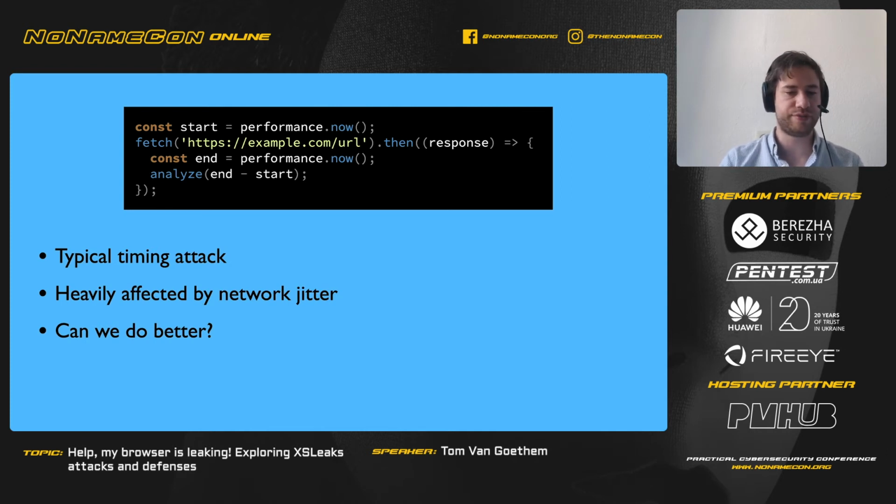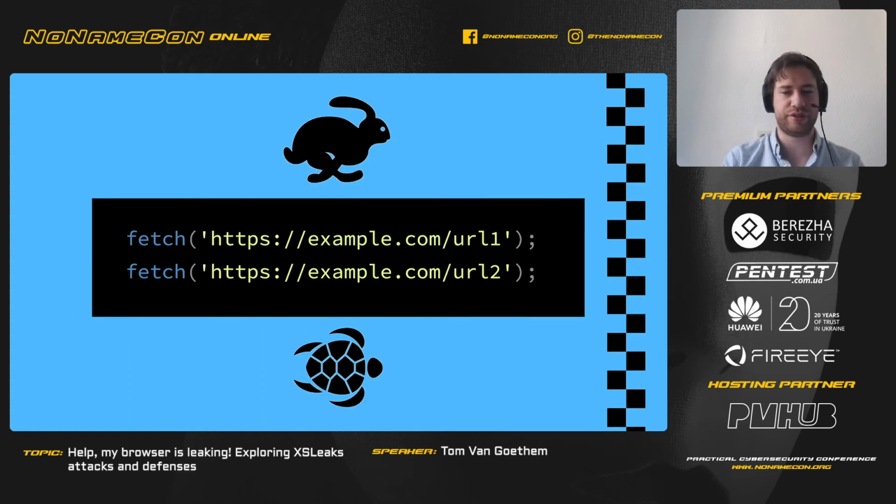But unfortunately it's heavily affected by network jitter. So we were wondering, can we do any better? And it turns out doing better is relatively easy, or, without the technical details, it's relatively easy.